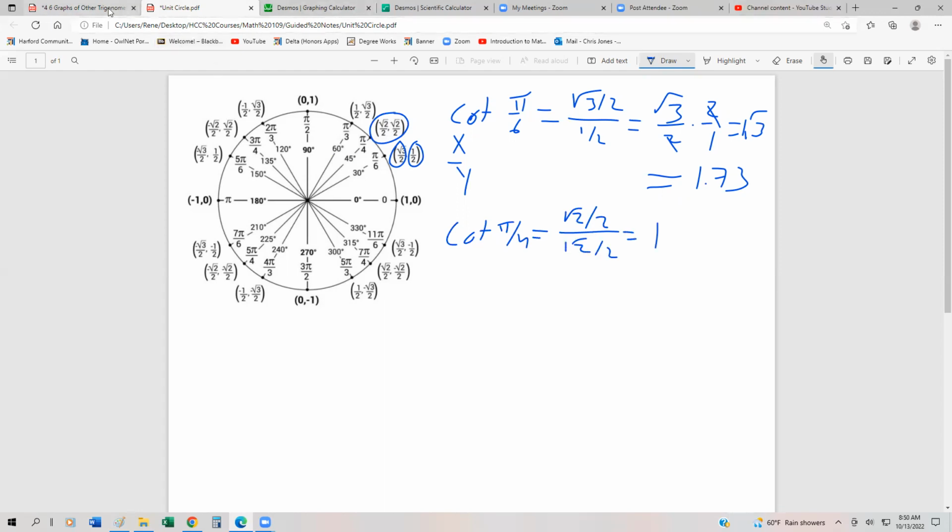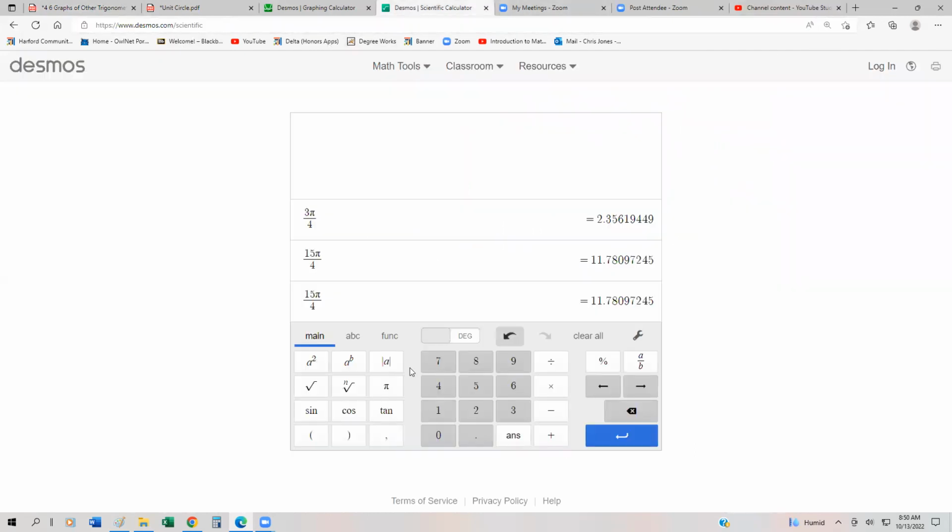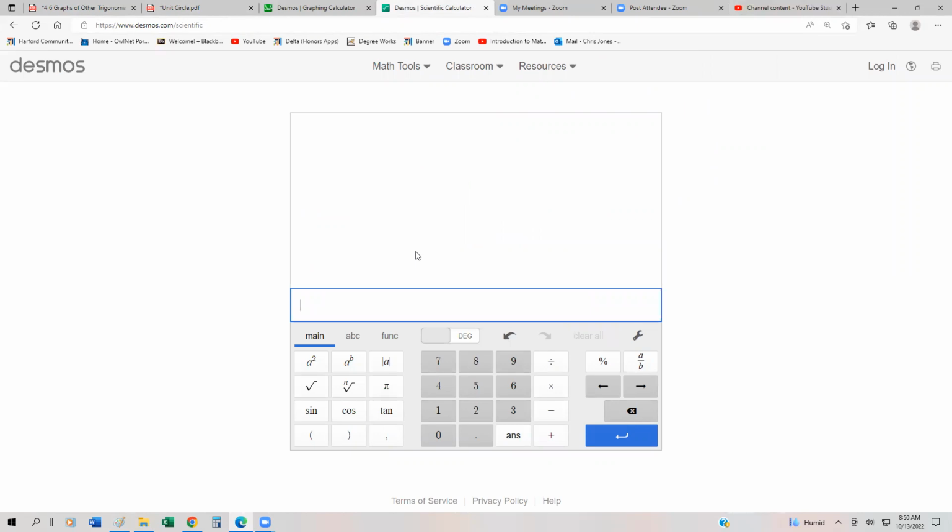And we could follow that in suit. So right here, this would be root 3 over 3, which I believe we said was 0.58 from one of our previous videos. Let's just verify that. So we have the square root of 3 divided by 3.